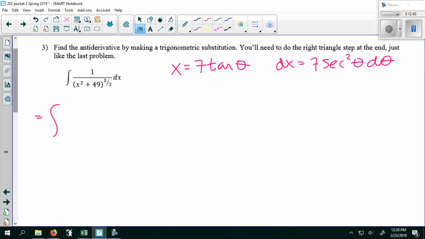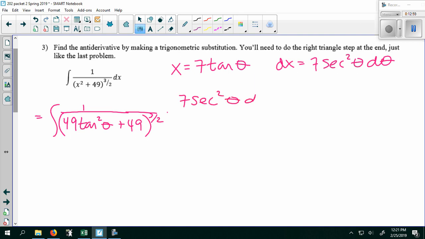So this becomes the integral of 1 over x squared is 49 tangent squared theta plus 49, and this is all to the 3/2, and then times dx, which is 7 secant squared theta d theta.